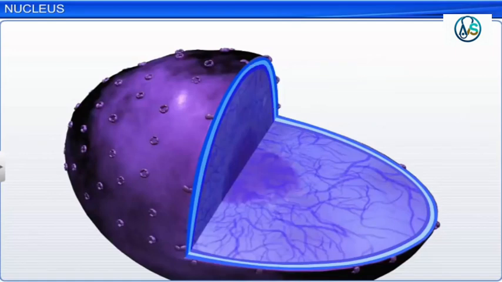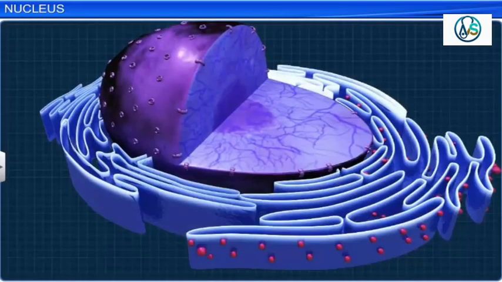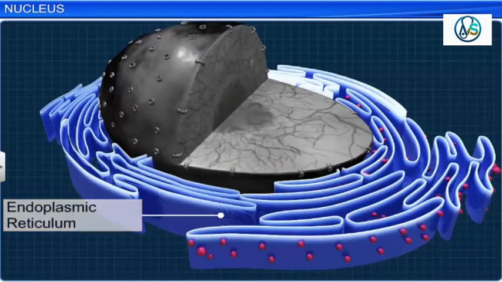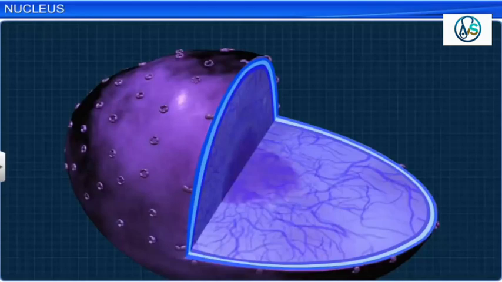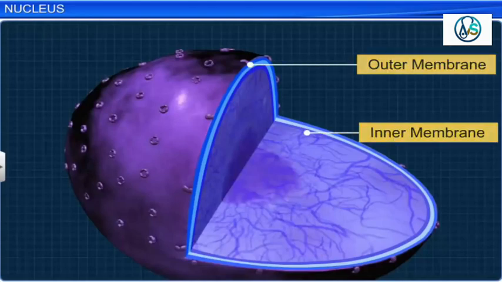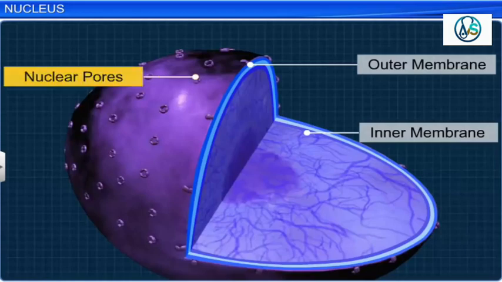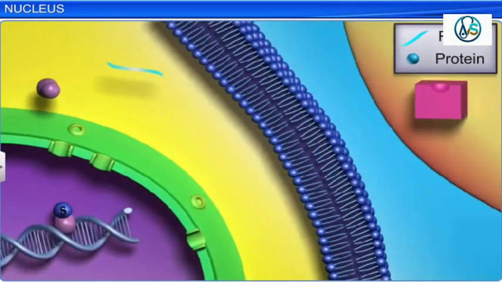The outer membrane of the nuclear envelope is connected with the endoplasmic reticulum and also bears ribosomes on it. At a number of places, the two membranes fuse and give rise to minute pores called nuclear pores. These pores allow two-way movement of RNA and protein molecules between the nucleus and the cytoplasm.